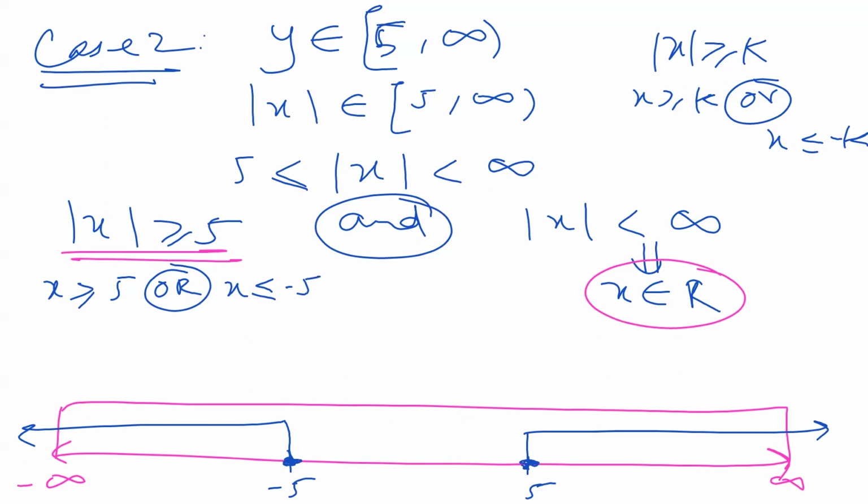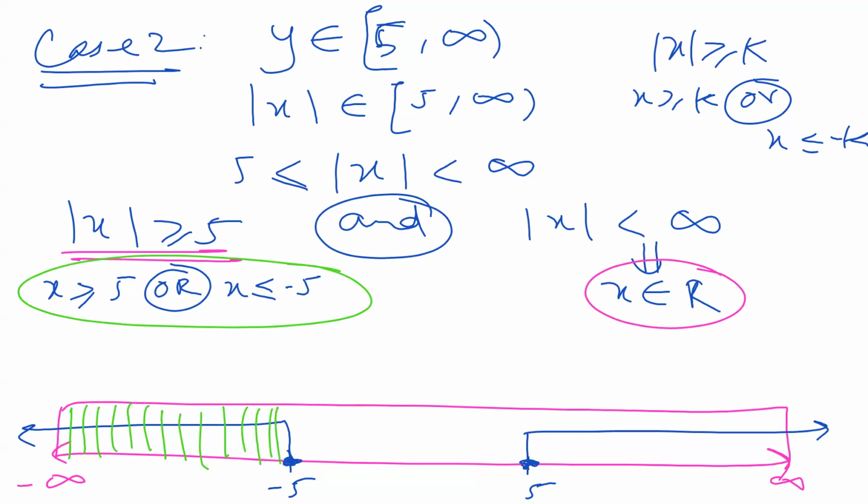Now you tell me what is the common region for all the lines. Negative infinity to minus 5, 5 to positive infinity. Good, very good. So this is common for both the lines. Blue line is for the first part, pink line is for the second part.